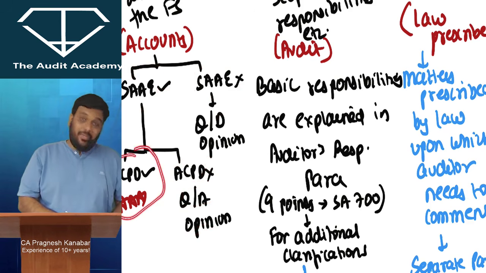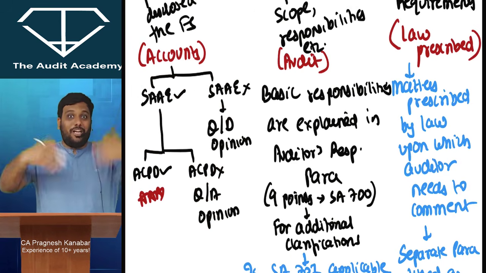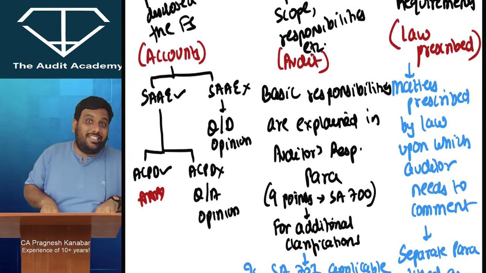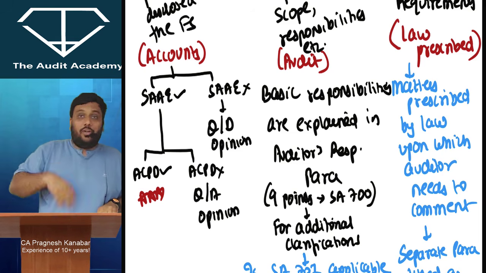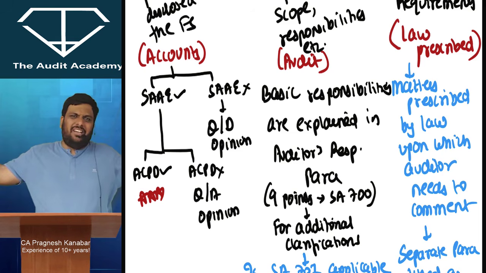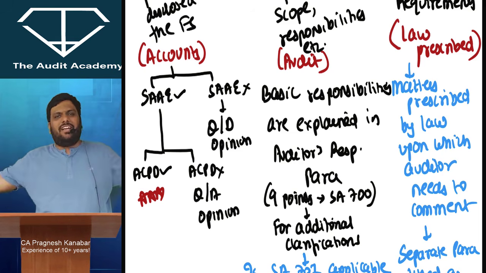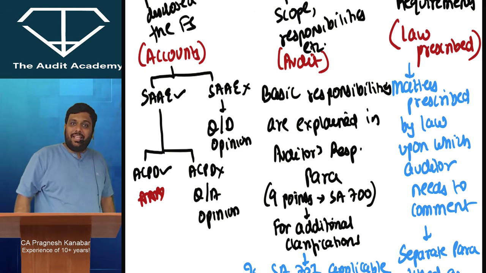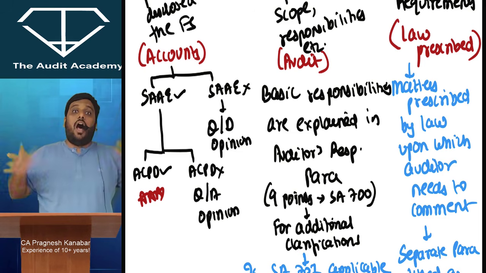However, if ACPD is correct and you still want to write it, like, rapid fire round, like changes in accounting policies, ACPD is correct, you want to write it, let us say it is an unlisted entity, so no key audit matters, then you write it in which paragraph? Emphasis of matter. But if it is a listed entity and if it is satisfying wreath, then you will write it in key audit matters.